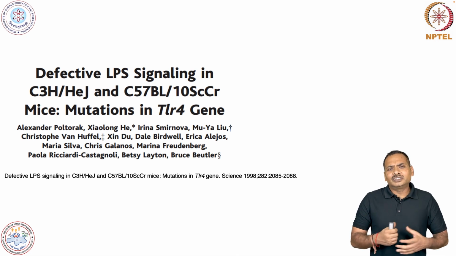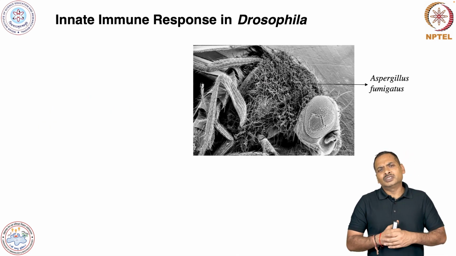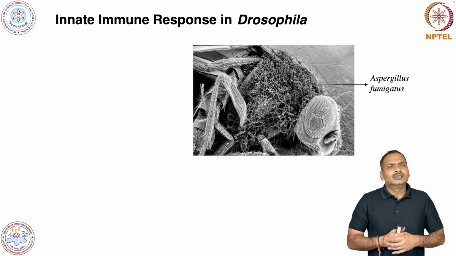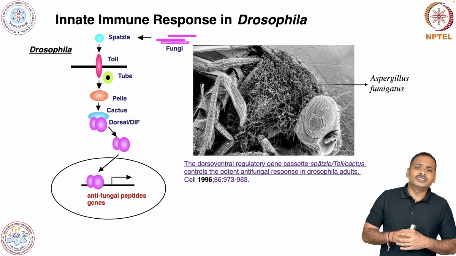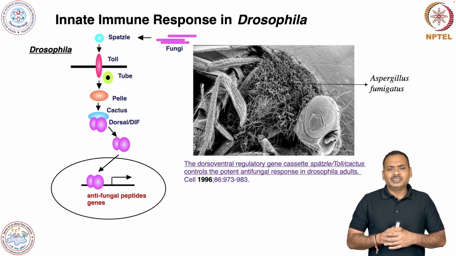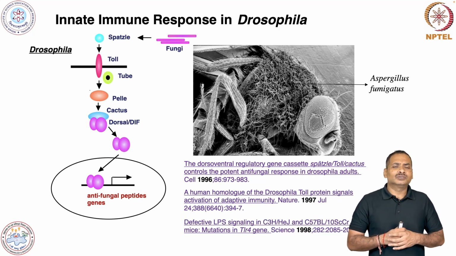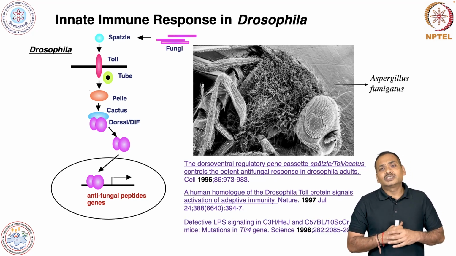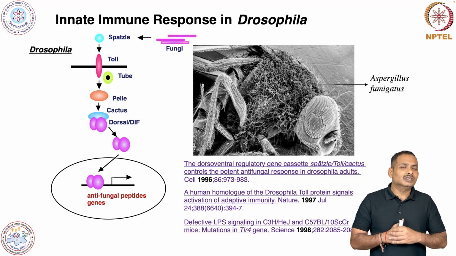After this, this work received a lot of attention around the world, and it also received the Nobel Prize. The 2011 Nobel Prize was given for the discovery of this pattern recognition receptor to two persons.